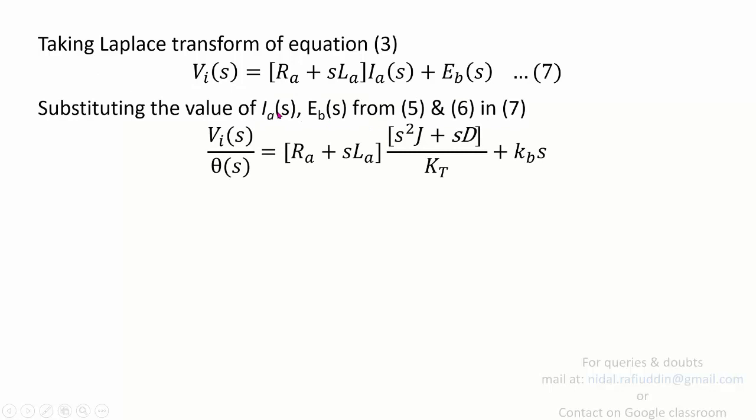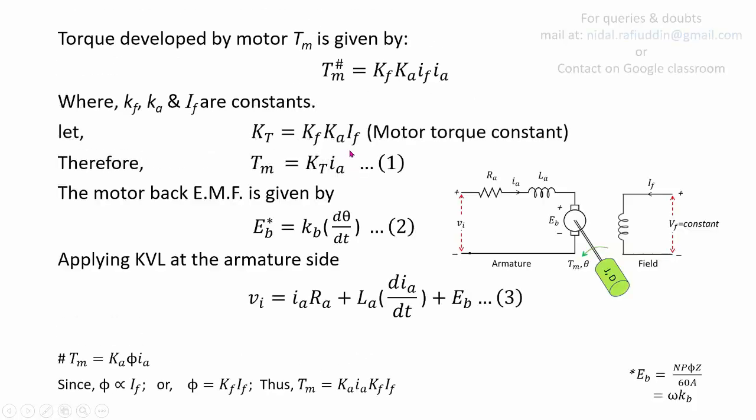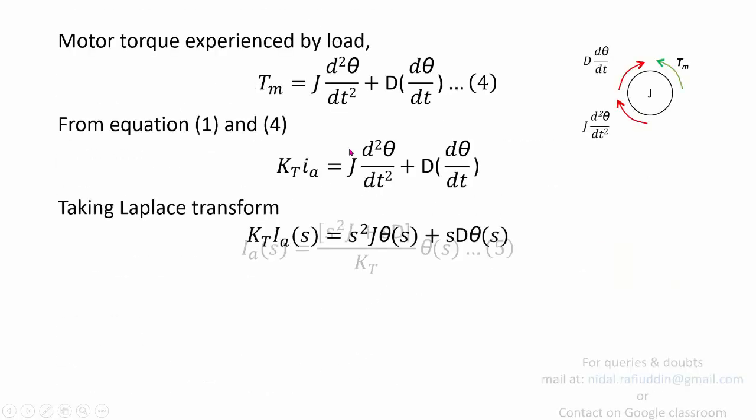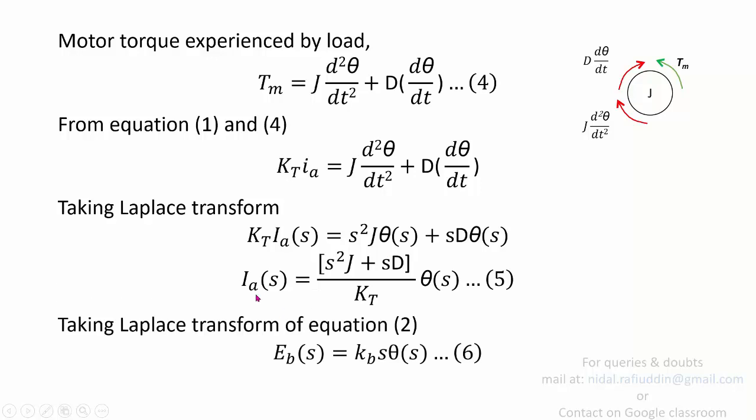If you substitute the values of IA and EB from 5 and 6 in 7, from equation 5 you have IA given by this expression, from 6 you have EB given by this expression.